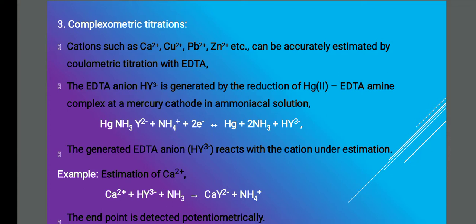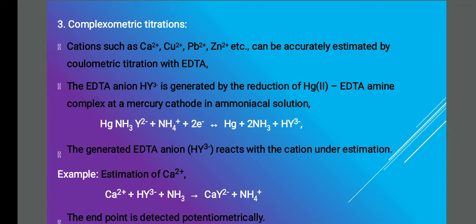The EDTA anion, HY3-, is generated by reduction of the Hg-EDTA amine complex at the mercury cathode in an ammoniacal solution, and the reaction is HgNH3Y2- plus NH4+ plus 2 electrons gives Hg plus NH3 plus HY3- ion, and the generated HY3- anion reacts with the cation under estimation.